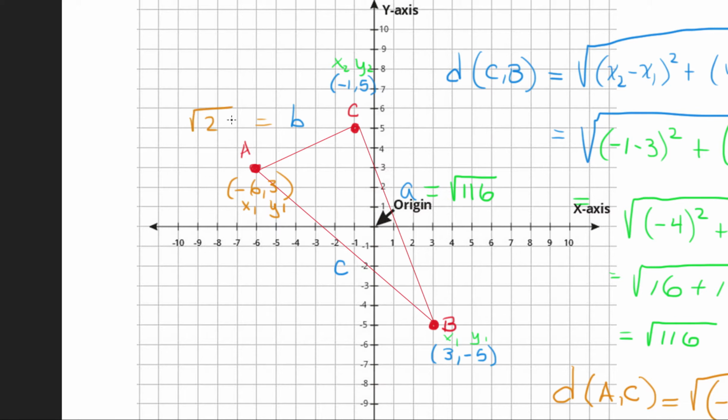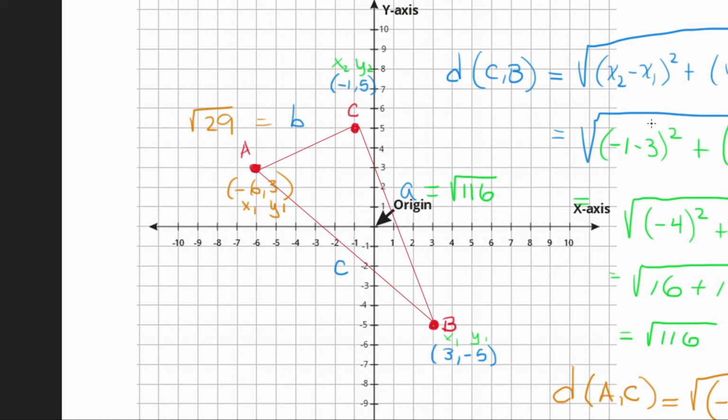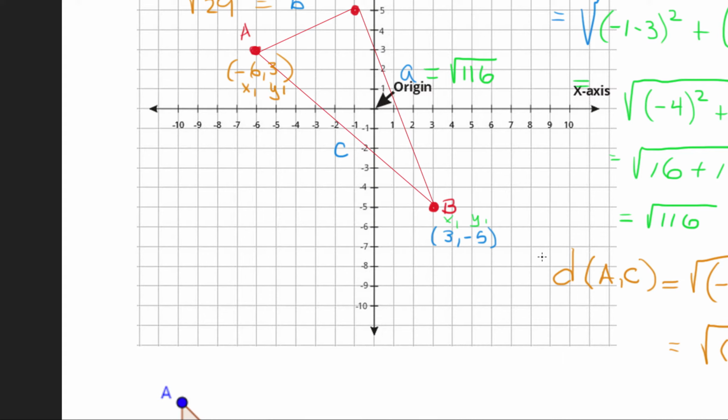Now lastly, to finish the problem, we need to find the distance between A and B. Okay? Let me change the color. So the distance between A and B. Now here we had the same labels x1 and x1. We need to change that.